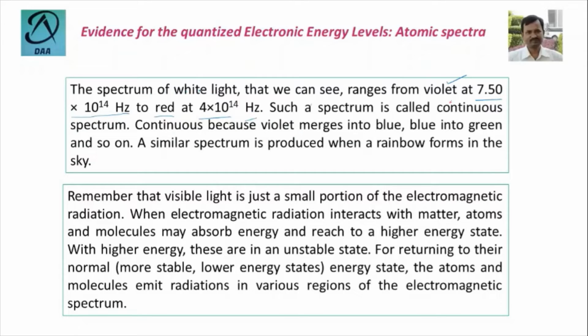This spectrum of white light spreads from violet to red, and it is called the continuous spectrum. Why continuous? In between, there is no gap.